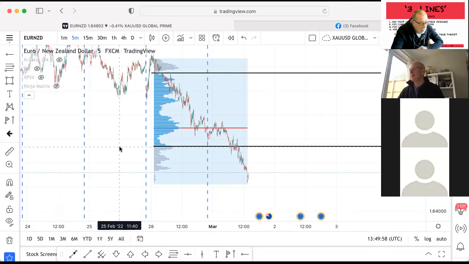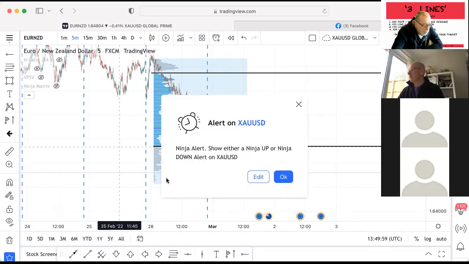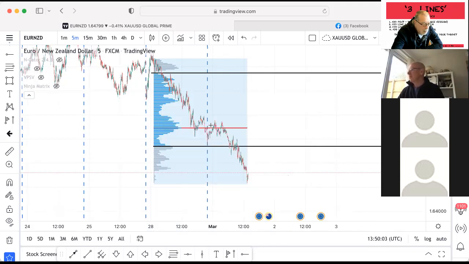Let's look at other potential areas. Just bear in mind that this point of control came from this area of activity, but there were a couple of other similar areas of activity.